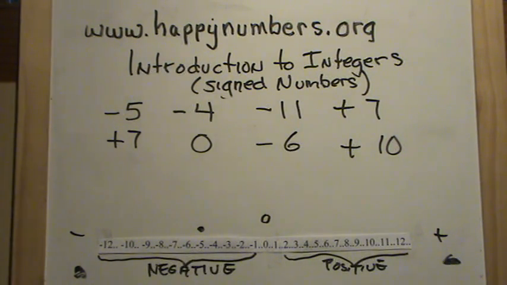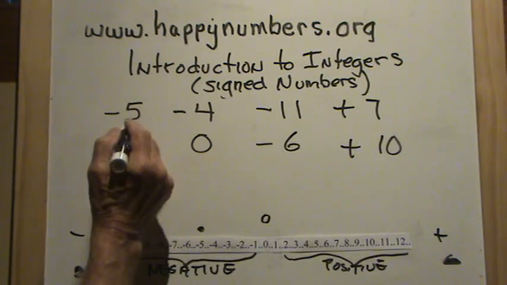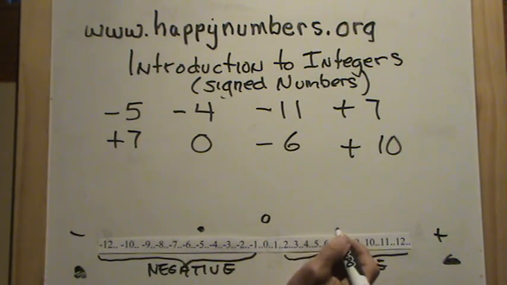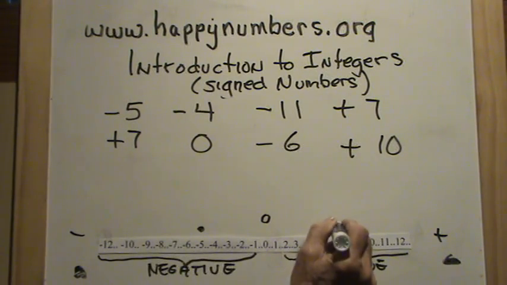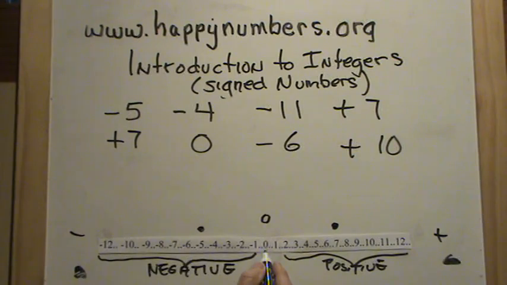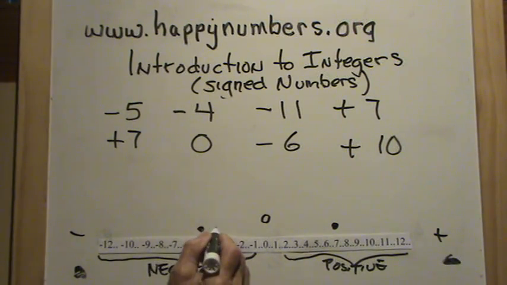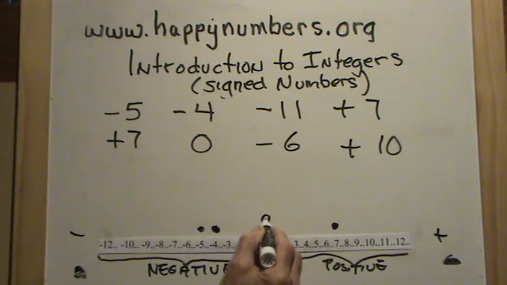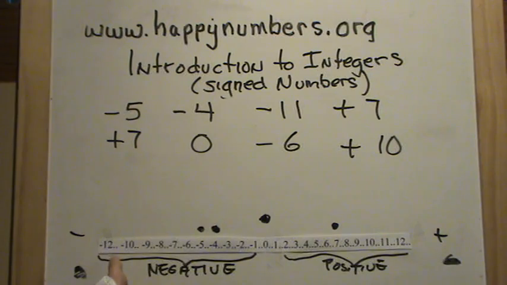Okay, let's see. First one we've done, -5. We started at 0. We go 1, 2, 3, 4, -5. Let's do +7. Well, 0, we come over to +7. -4: -1, -2, -3, -4. 0. Well, obviously 0 is 0. -11. Oh, I left 11 out.